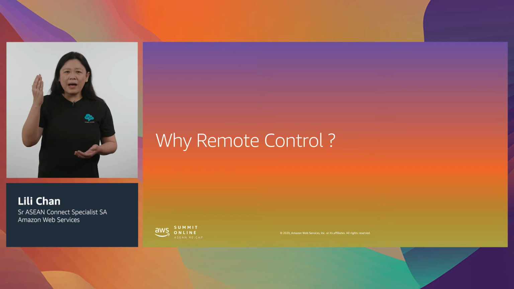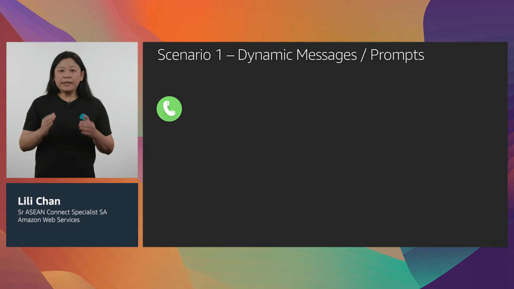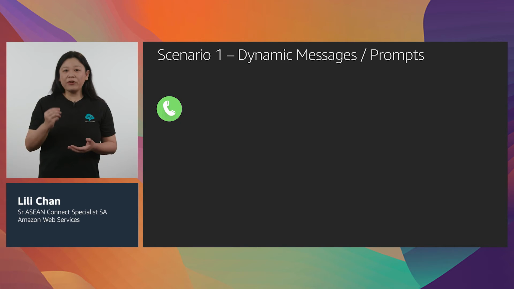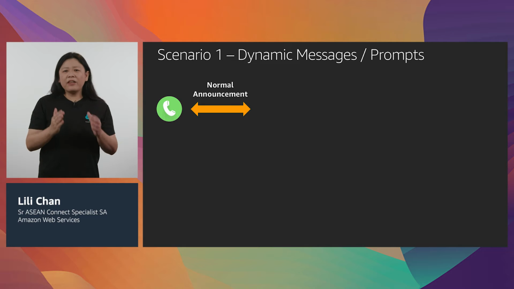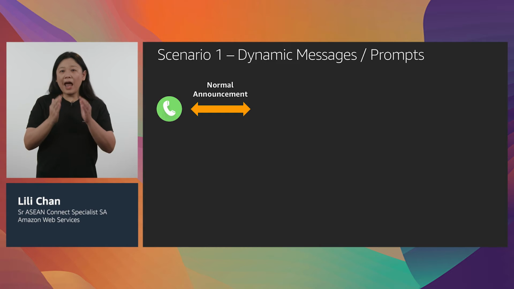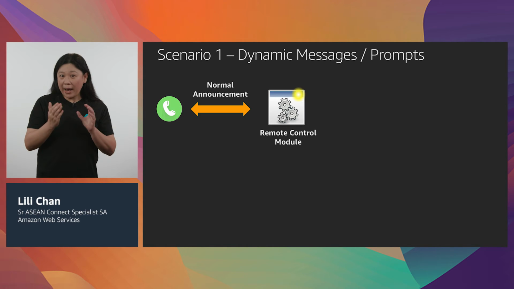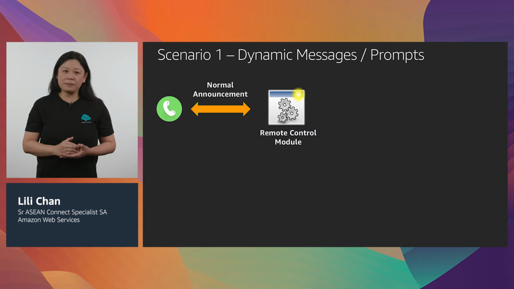Let's try to visualize by looking at the following scenarios. This solution will allow you to centrally manage prompts, translation, static routing feature, and language-specific routing features, either manually on an ad hoc basis or automatically based on your back-end business processes.